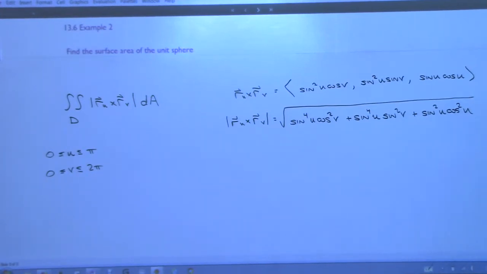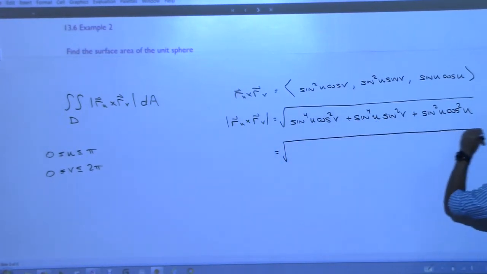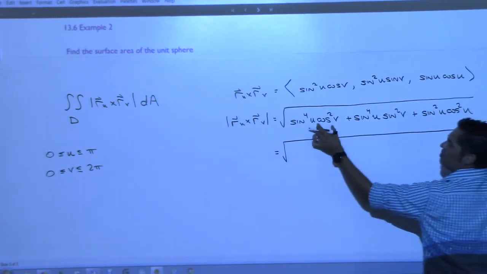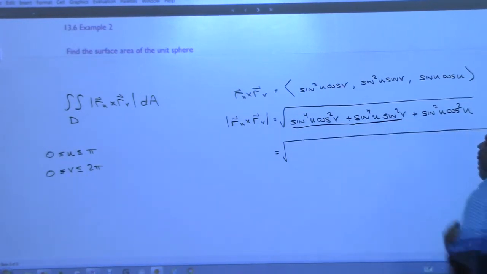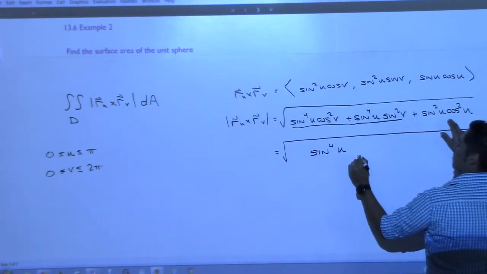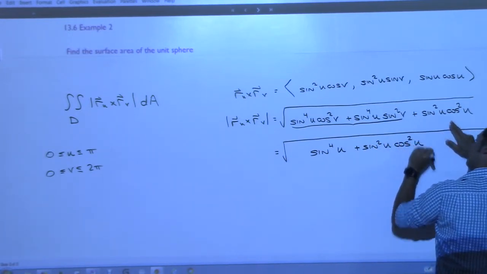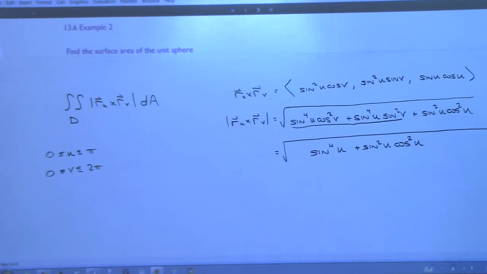All right, can we do anything there? Well, sine squared, cosine squared, first two terms. Yeah, so on these two, you can pull out what? Sine to the fourth u, right? And what would you be left with? Cosine squared v plus sine squared v, which is 1. So we really just have here sine to the fourth u, and this is still here, plus sine squared u cosine squared u. Now what can I do here?